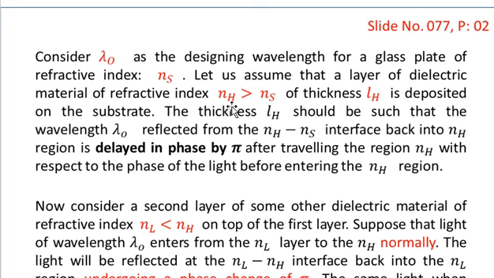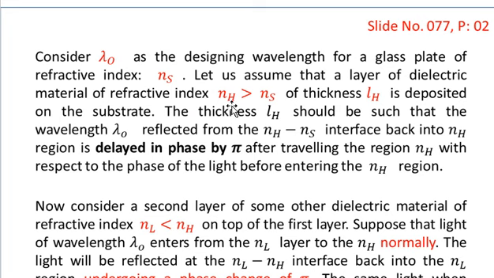That's why we have called it H, because H means higher refractive index, greater than the refractive index of the substrate. A layer of thickness LH is deposited on the substrate.